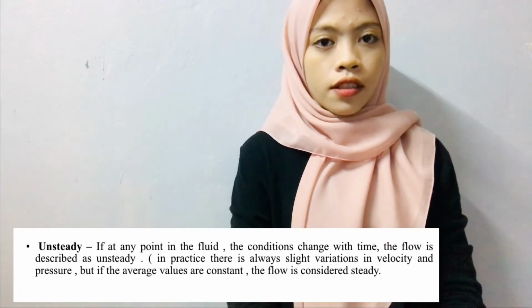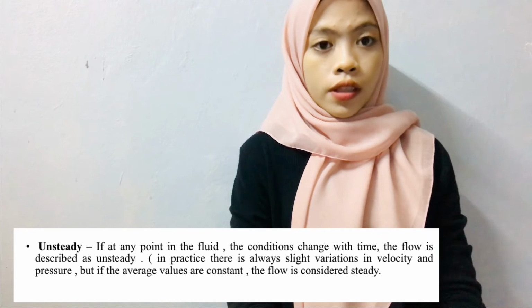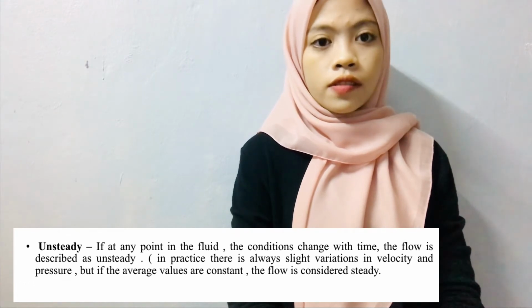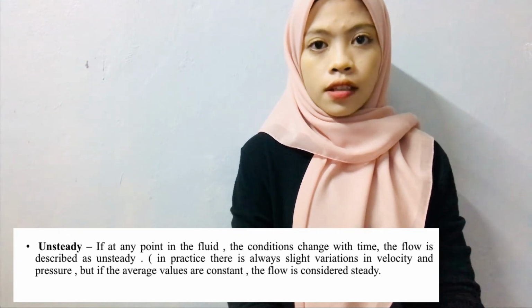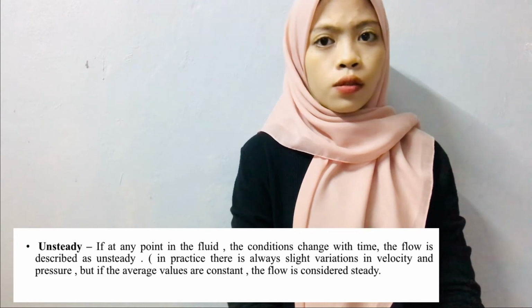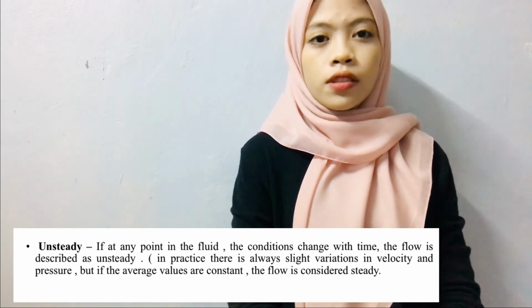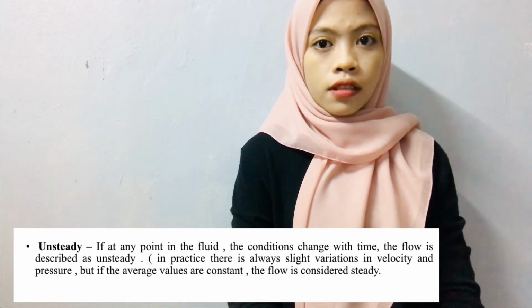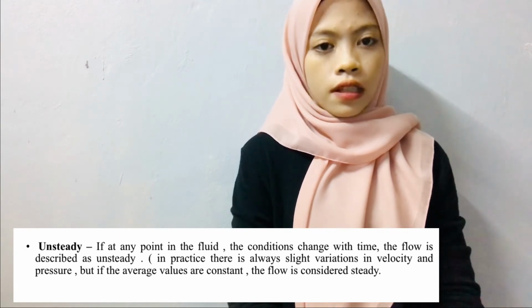Next, unsteady flow. Unsteady flow is if at any point in the fluid the conditions change with time, the flow is described as unsteady. In practice, there is always slight variation in velocity and pressure, but if the average values are constant, the flow is considered steady.